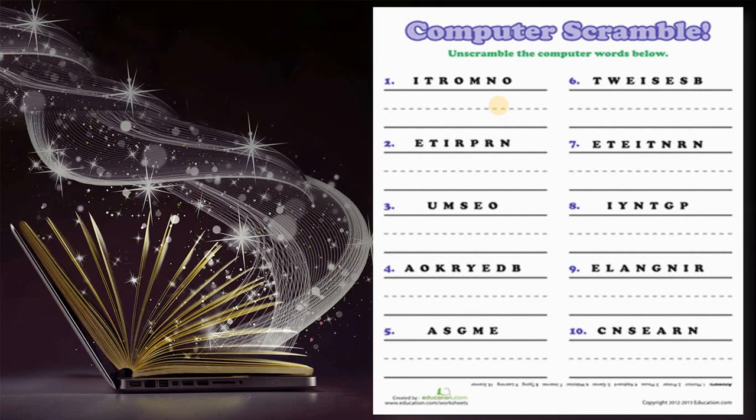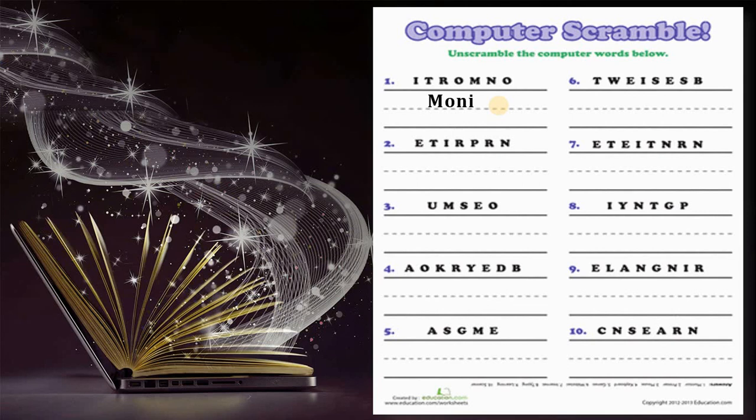I think I found it. So the first letter I should put here is M. Then another, I think O. Sorry, O. MO. Then N. MON is done. Then I. Monitor. See, half the word is done.